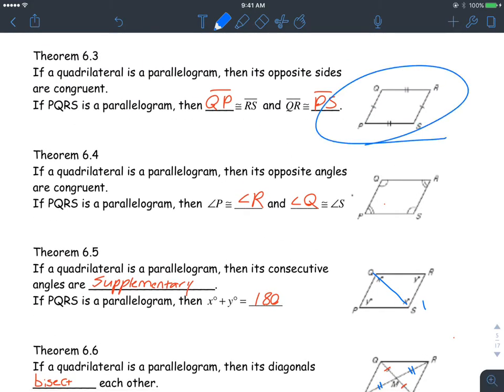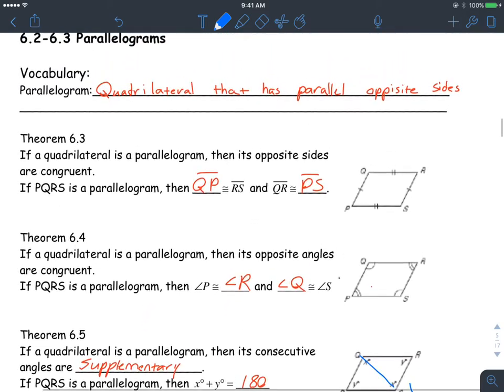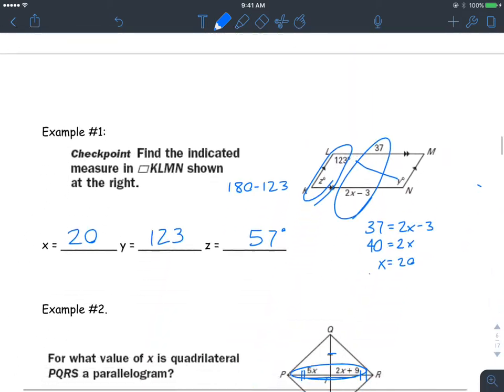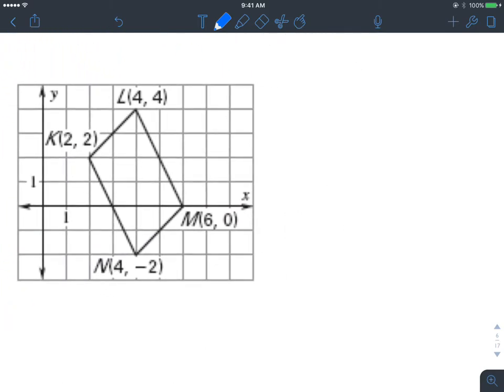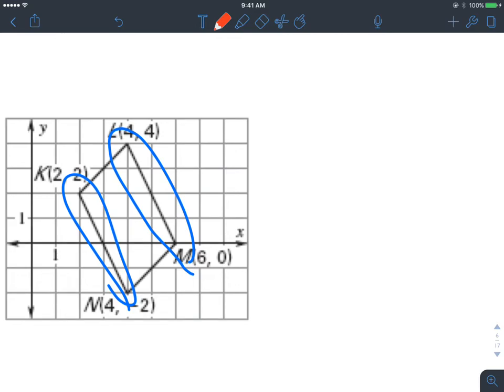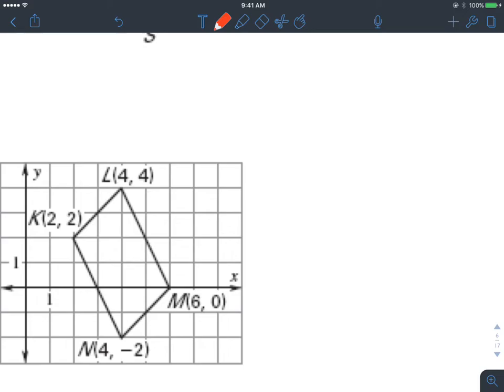Or you could show that all pairs of opposite sides are congruent. For example, if you wanted to prove that LM is congruent to KN, you'd have to do a little bit of distance formula, or some Pythagorean theorem. We'll have to do this in a later section.